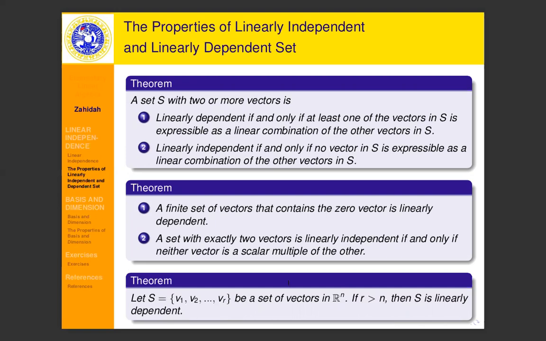So for the example, if we have R3, and then we have set S that contains 4 vectors, we can directly conclude that S is linearly dependent.